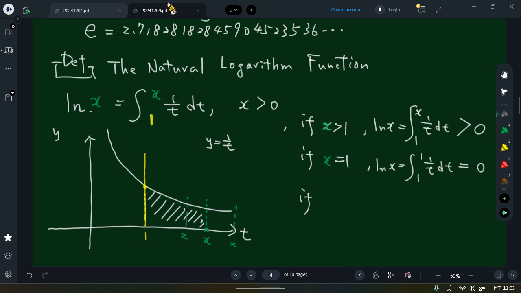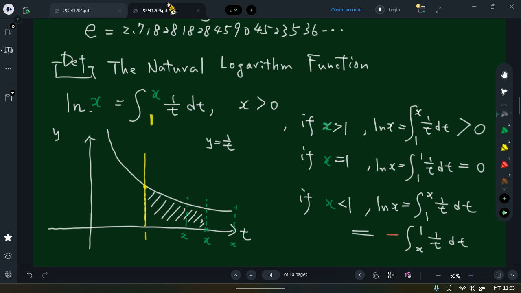And if x is less than 1, ln x is also the integral from 1 to x of 1 over t dt. So we can change the direction to negative, the integral from x to 1 of 1 over t dt.